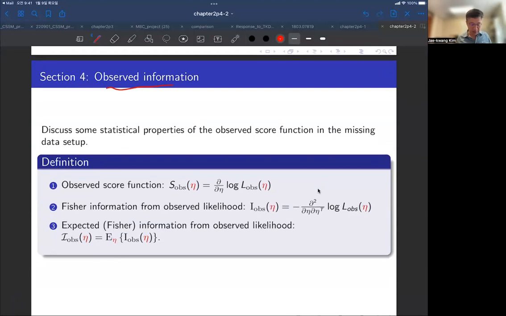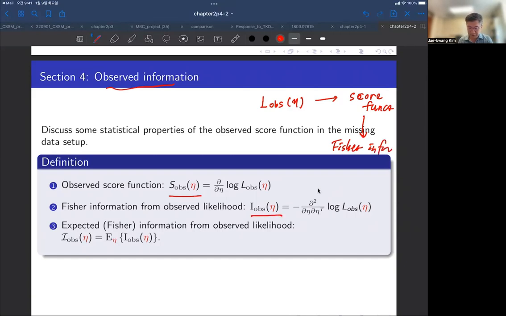In the missing data setup, we have the observed likelihood. From the observed likelihood, we can derive the observed score function, which is this one, and then take the partial derivative again to obtain the negative Hessian, which is the Fisher information, which is this one.